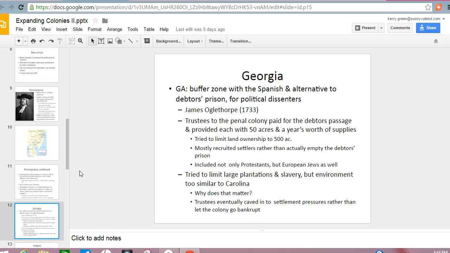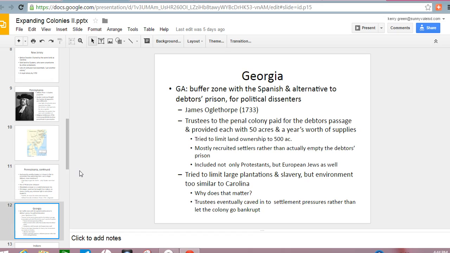And so their idea is to send political dissenters and people in debtor's prison over there. And so they have this penal colony set up. Once they served their term, they would get 50 acres and a year's worth of supplies. And they tried to limit ownership. They didn't want it to become a slave colony or anything like that. They wanted these to be small individual farms.